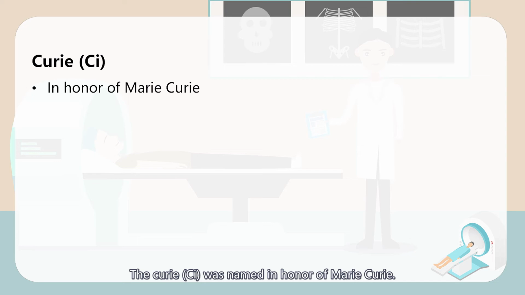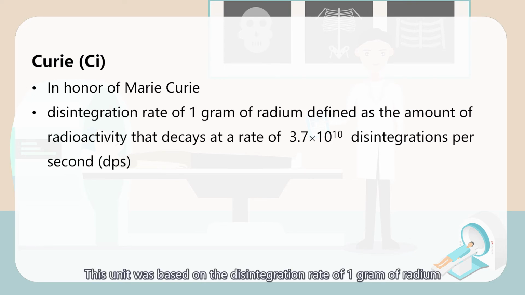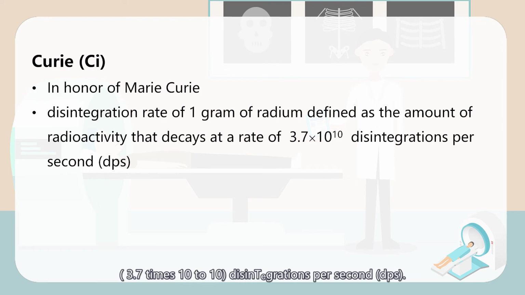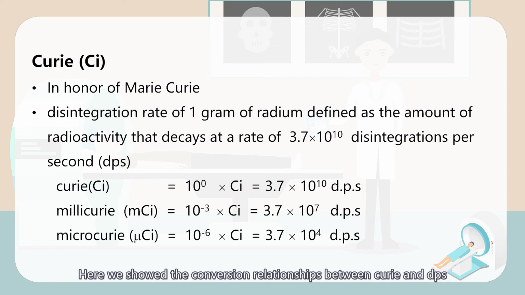The Curie was named in honor of Marie Curie. This unit was based on the disintegration rate of 1 gram of radium and was defined as the amount of radioactivity that decays at a rate of 3.7 times 10 to the 10 disintegrations per second. Here, we show the conversion relationship between Curie and DPS.